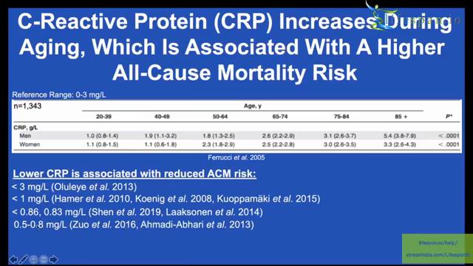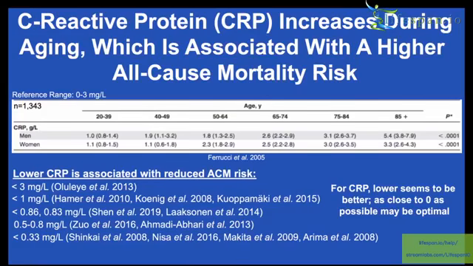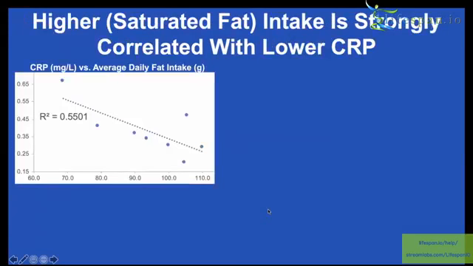Another 2 studies found 0.5 to 0.8 may be optimal. But it doesn't stop there. 4 studies found that CRP levels less than 0.33 milligrams per liter were associated with the lowest risk of death from all causes. So from this, the data suggests that lower is better for CRP, and as close to 0 as you can get may be optimal.